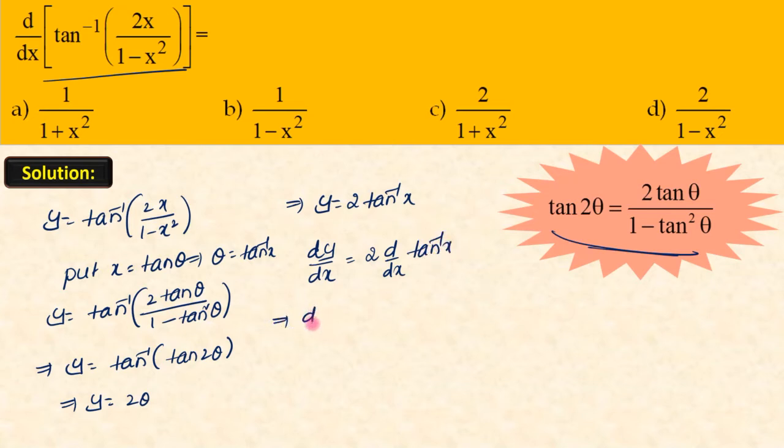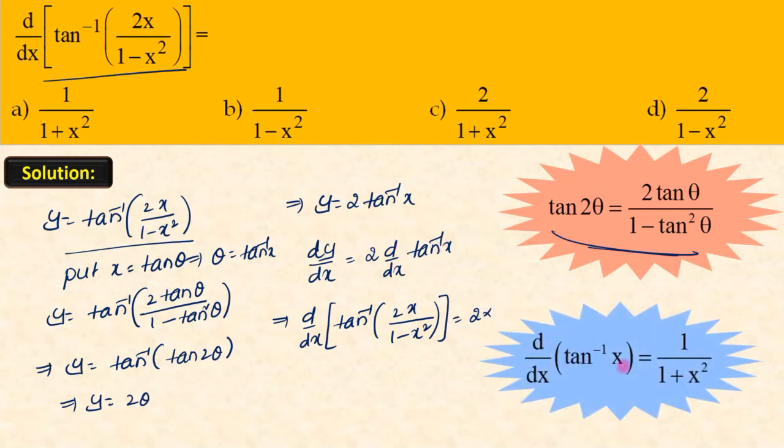This implies d by dx of, here y is tan inverse of 2x divided by 1 minus x square is equals to 2 into d by dx of tan inverse x is, differentiation of tan inverse x is 1 by 1 plus x square. So this equals to 2 by 1 plus x square. Therefore, the answer is option C.